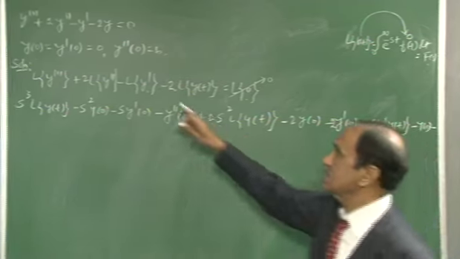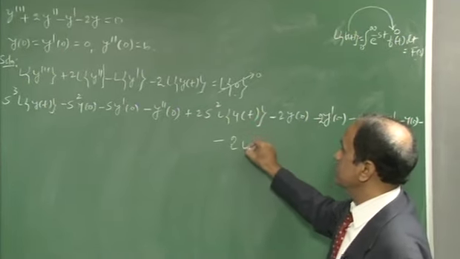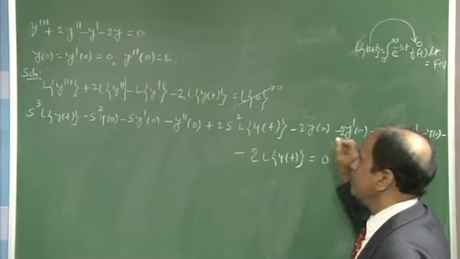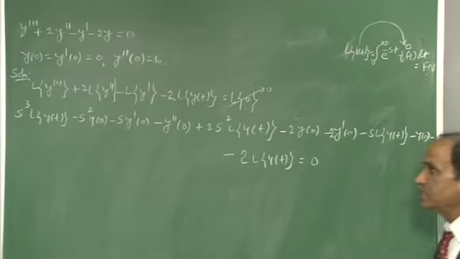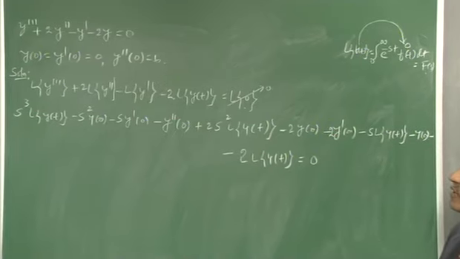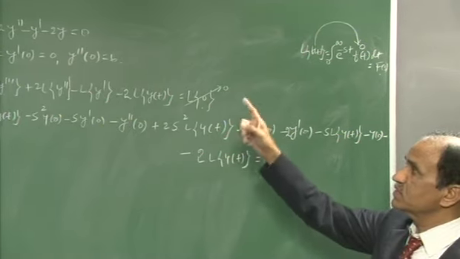I think this is the first order derivative, and minus 2 times L of y of t, and that is equal to 0.